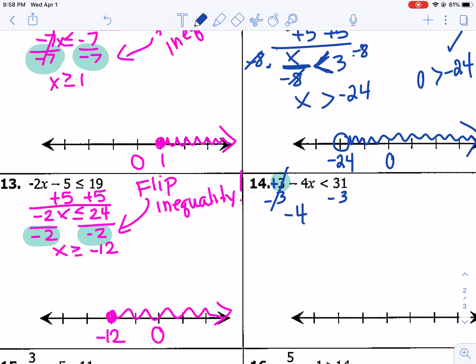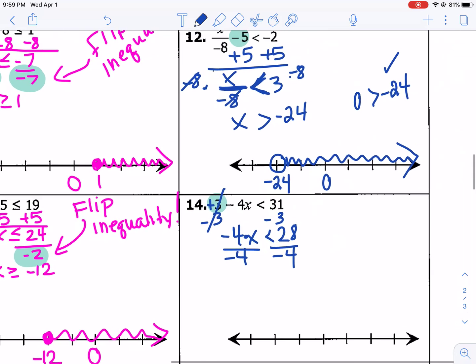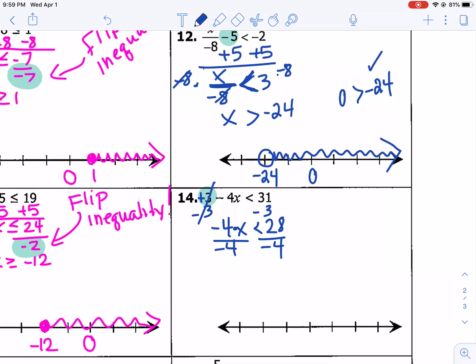Negative 4x is less than 28. Well, negative 4 times x, I'm going to undo that by dividing by negative 4. I just divided by negative 4, which means I need to flip my inequality, which I did forget to write up here, so I'll write it in real quick.